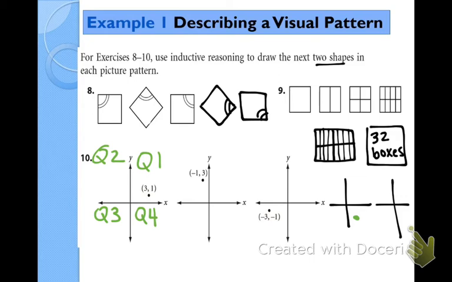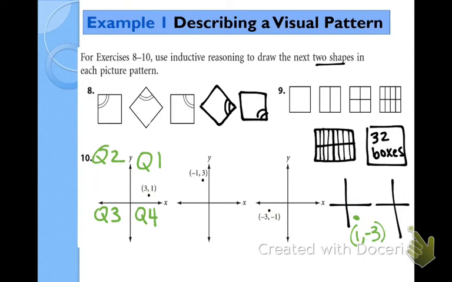Then you need to observe the numbers. We have 3, 1. Then they flip to negative 1, positive 3. Then they flip again to negative 3, negative 1. So guess what? They're going to flip again, right? So 1, and then negative 3, because to the right would be the positive 1, and then down 3 would be that negative.